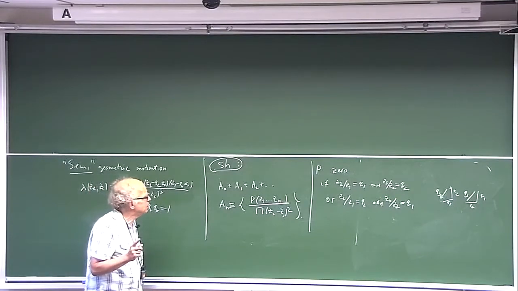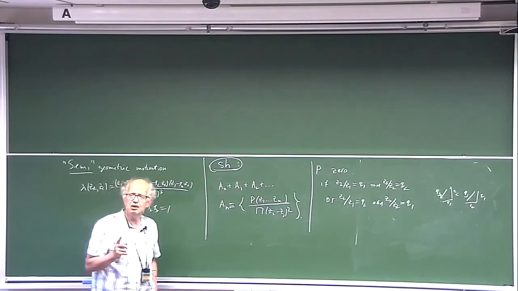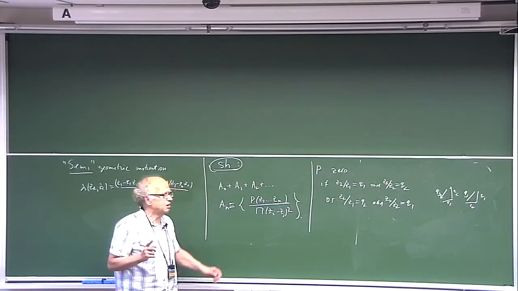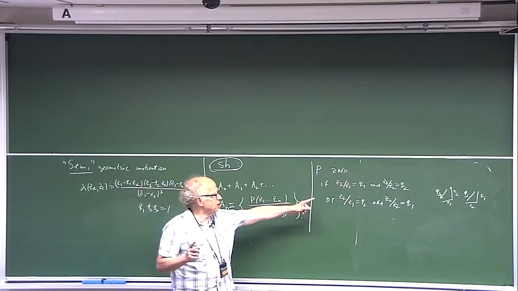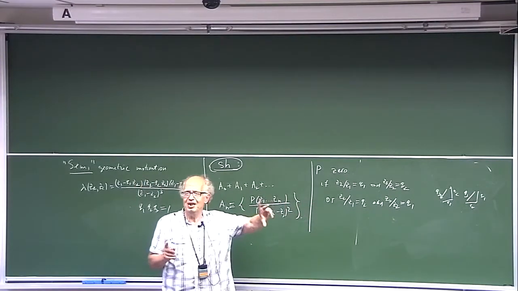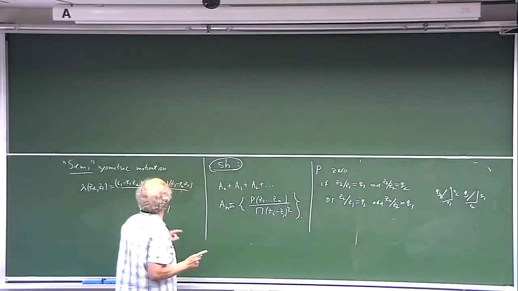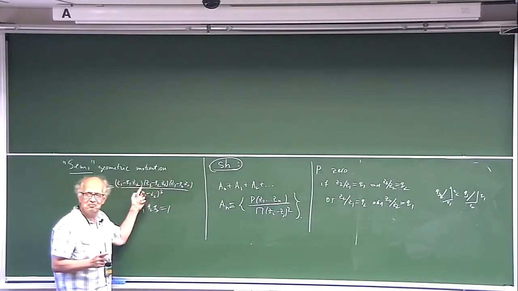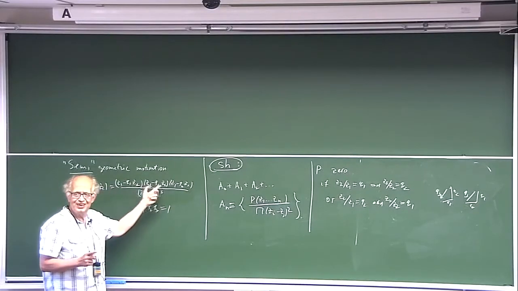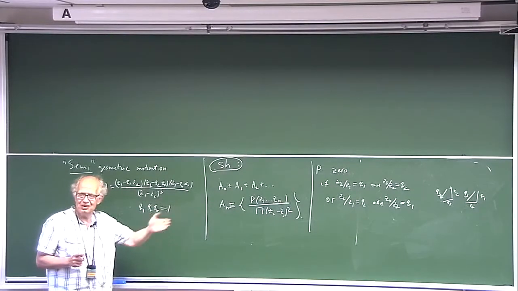You mean that the condition in P is the same as the condition that lambda is 0 on the left-hand side? Yes, this condition and the condition that lambda is 0 somewhere are just the same.